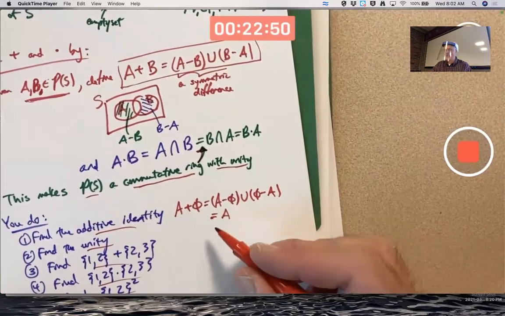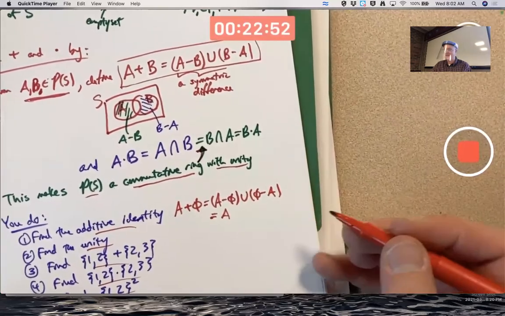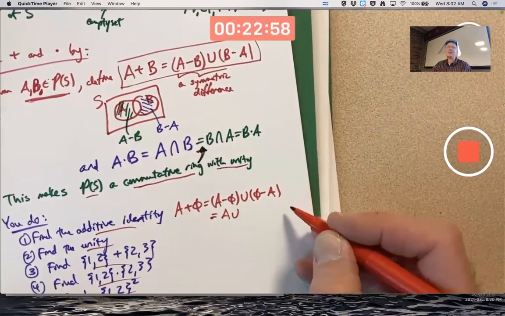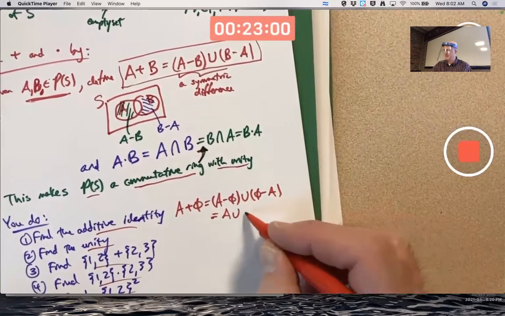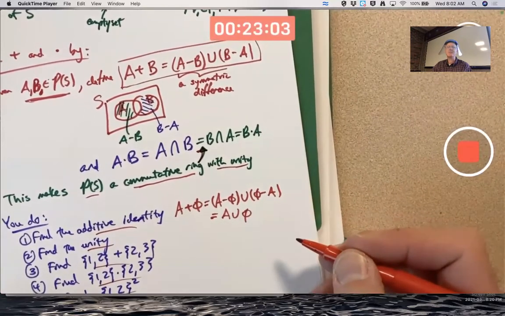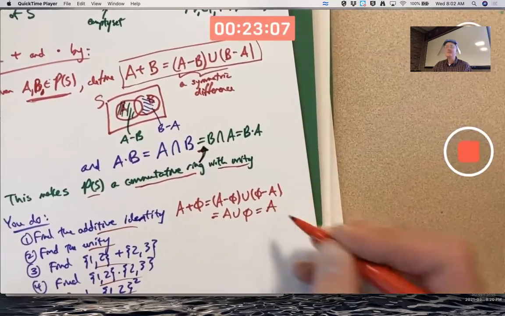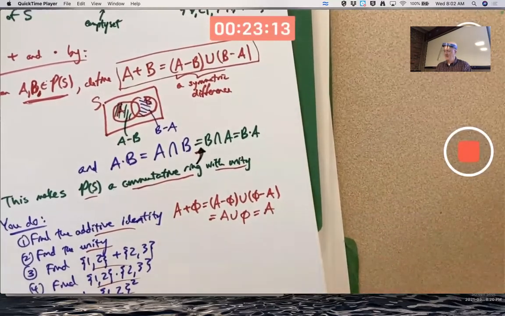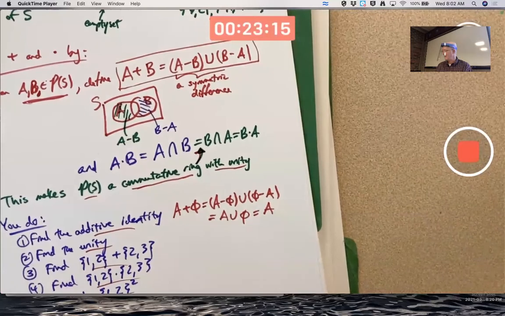So everything that's in A that's not in the empty set is everything in A. And the empty set minus A, everything in the empty set that's not in A. But there's nothing in the empty set. So that's the empty set. Maybe that was the part that was most confusing. And that's A. And it's commutative. I could switch it around. Addition is always commutative in rings.